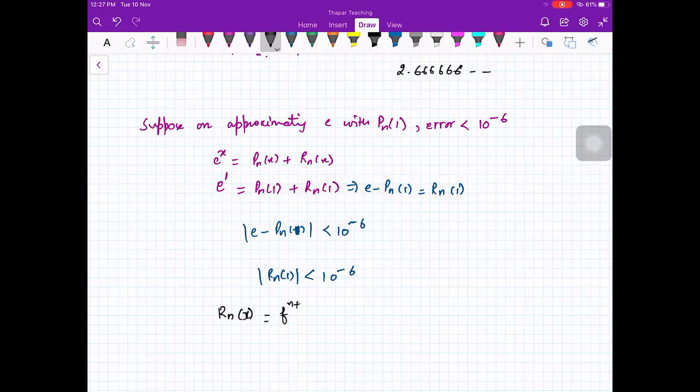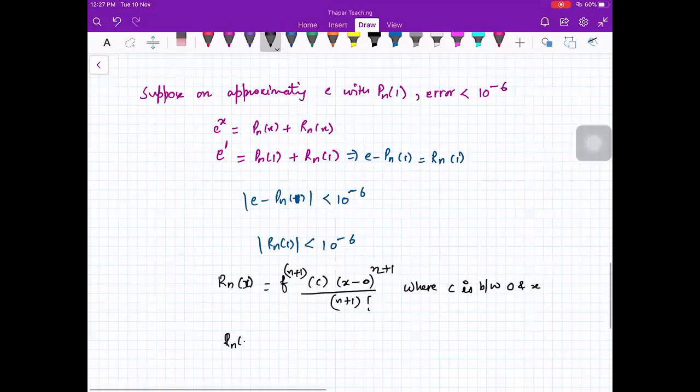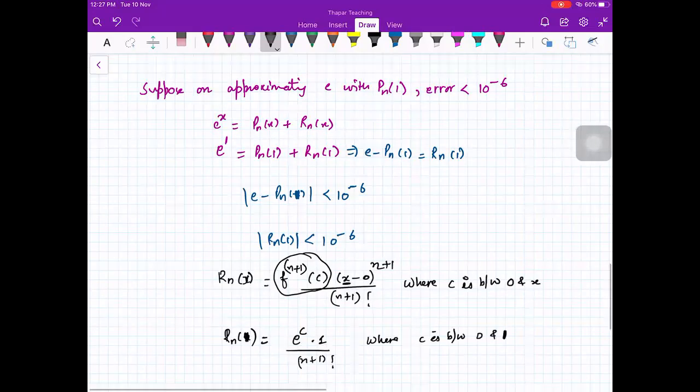Rn(x) is the n plus 1th derivative at c into (x minus a), here a is 0, raised to power n plus 1, upon n plus 1 factorial, where c is between 0 and x. Now I put x equal to 1, so I get Rn(1) equal to, what is the derivative of e raised to power x? That is e raised to power x. So this is e raised to power c, x is 1, so this is 1 upon n plus 1 factorial, where c is between 0 and 1. Is that clear?